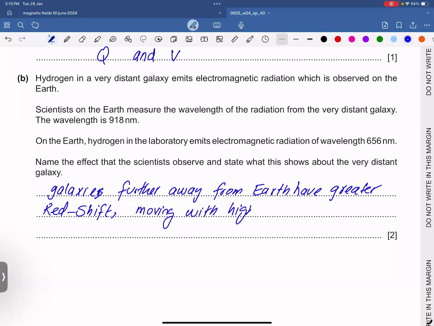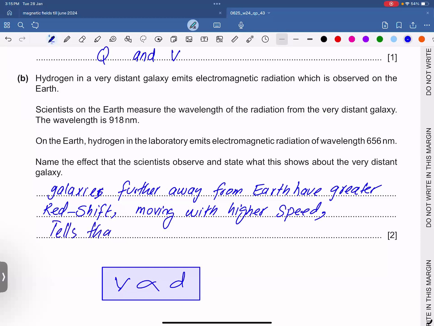Why higher speed? Hubble's law. Hubble's law says the speed of galaxies is directly proportional to their distance. So the further away, the more the speed. So this tells you the universe is expanding. Let's proceed to the next question.